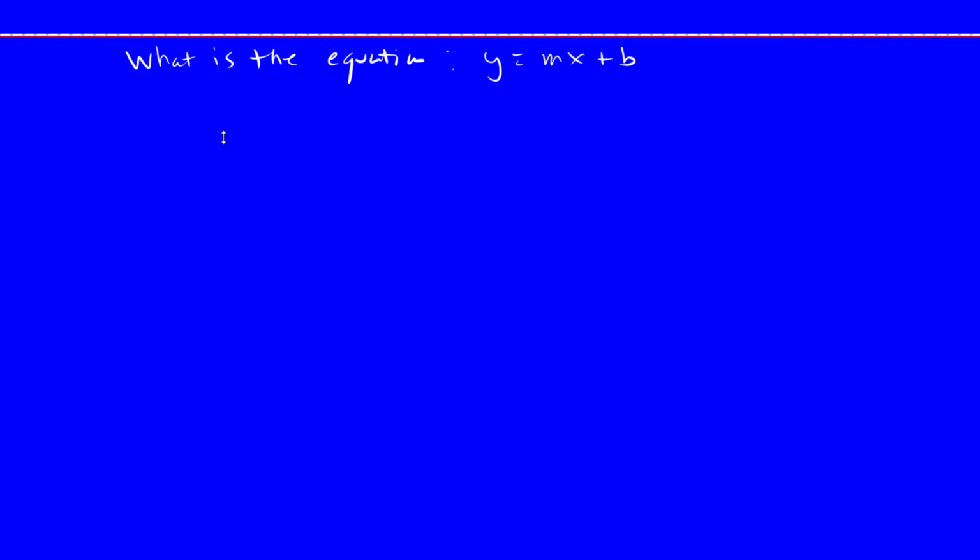So what is the equation of this line if m equals 1/5 and the y-intercept is at (0, -3)? That's the point, coordinate.